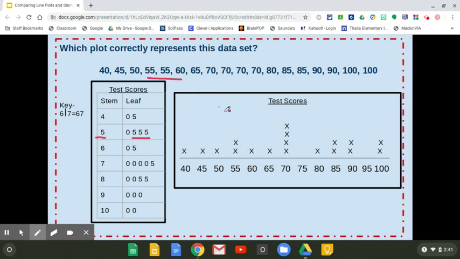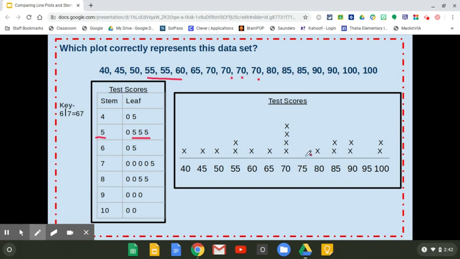For 60, there should just be 1, and there is. 65, there's 1. For 70 test scores, we should have 1, 2, 3, 4. 1, 2, 3, and 4. So again, that's good.